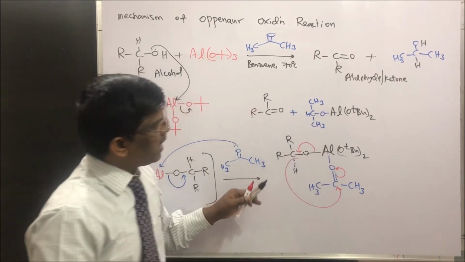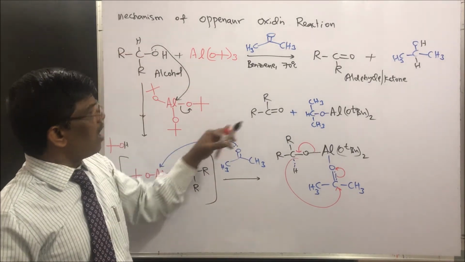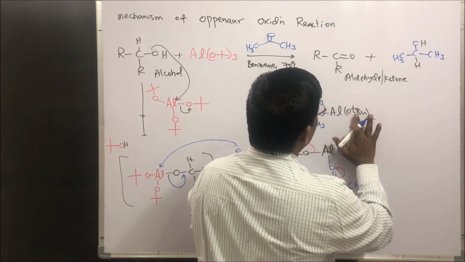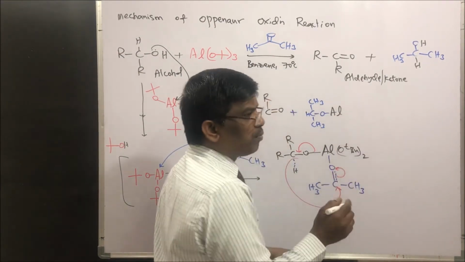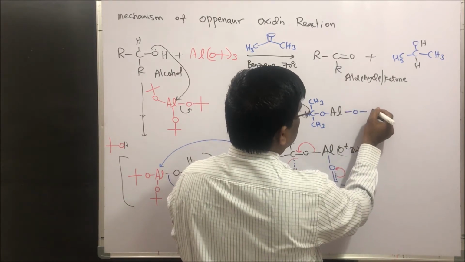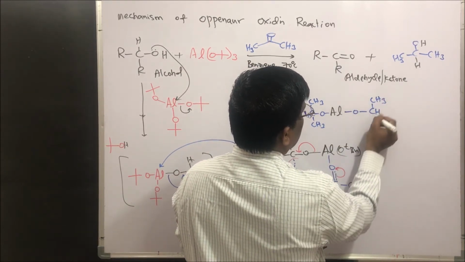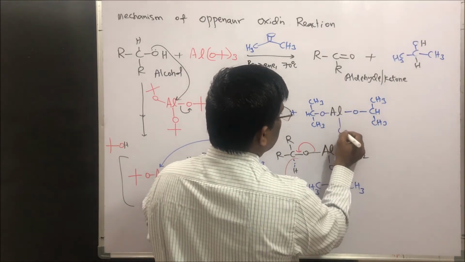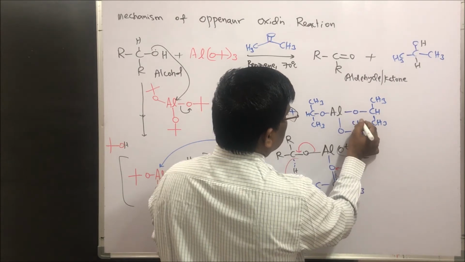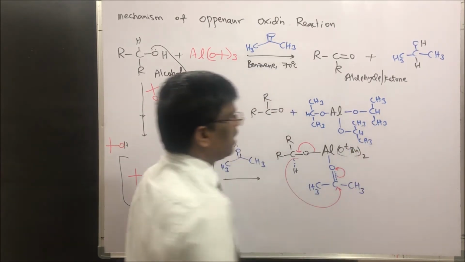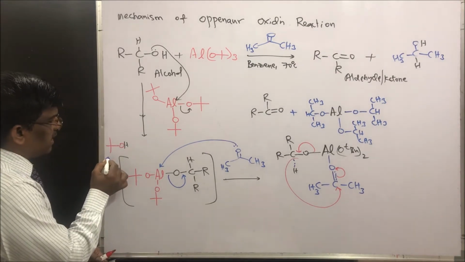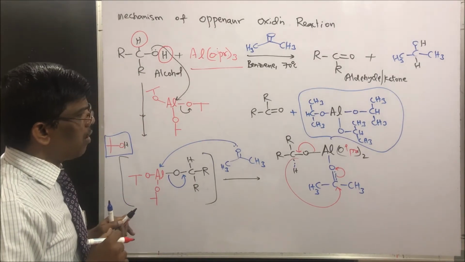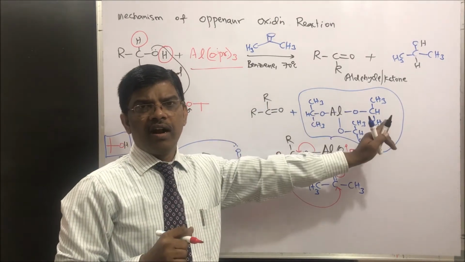Yes, it is going to react with another 2 moles of alcohol to give totally, these 2 tertiary butyl groups also are going to be replaced with this CH, CH3 and CH3. Yes, and now it is also going to be replaced with this isopropyl group. Yes students, and the leftover is going to be left as tertiary butanol. This is how you can do the oxidation of alcohols to aldehydes or ketones.